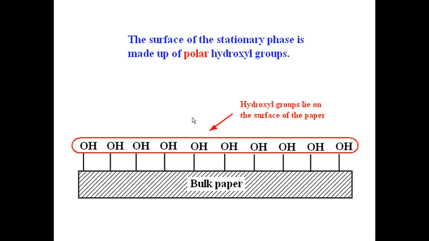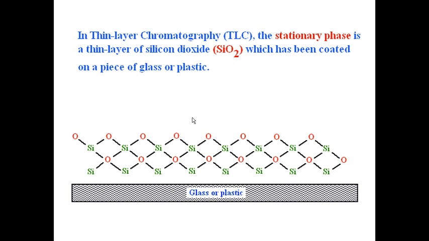stationary phase. In thin layer chromatography, we have a thin layer of silicon dioxide that gets coated onto a piece of glass or plastic. We're using plastic TLC plates because they're easy to cut with a pair of scissors. But sometimes in research we might use glass ones, where pieces of glass are coated with the silica gel. Those are a little bit more difficult to cut.